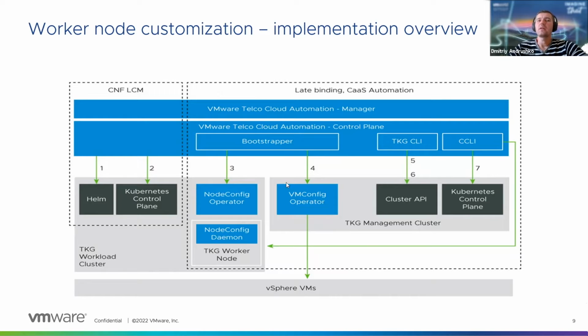In the meantime, the node config operator is executed inside of each worker node, and it modifies the given worker node according to the specification. So all this is already implemented inside of the TCA.